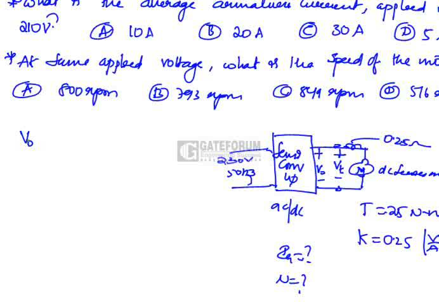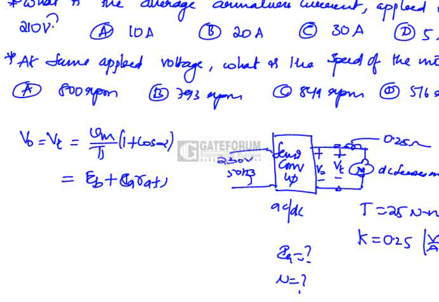Now, the output voltage of the converter is equal to the terminal voltage, that is the input voltage to the DC series motor. Output voltage of a single phase half control semi converter is given as Vm by pi into 1 plus cos alpha. Now what is the terminal voltage of the motor? Terminal voltage of a DC series motor is given as EB plus IA into RA plus RSC, since it is a series motor.